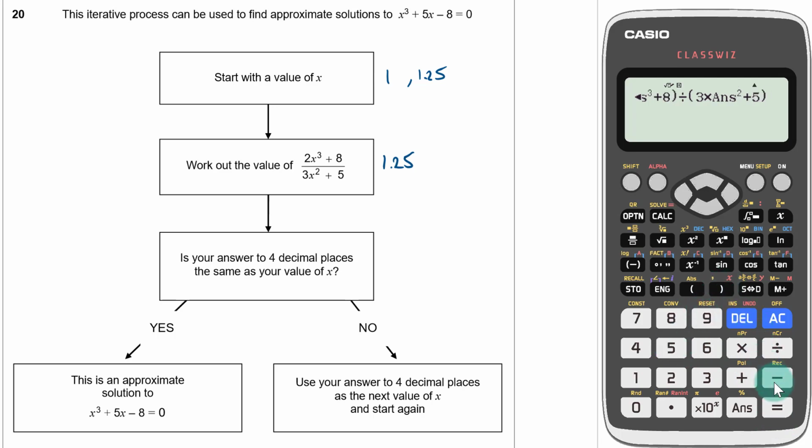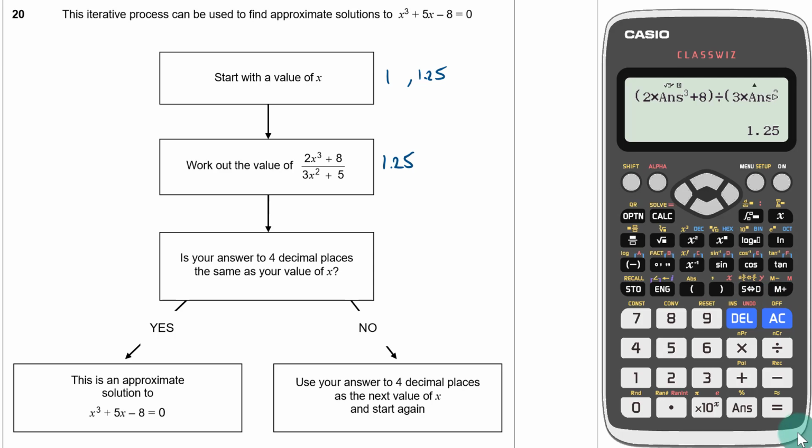Oh no, pressed the wrong key. Close bracket. Now when I press equals, it will feed in the answer 1 because that was my last calculated value, and it should spit out the 1.25 that we just calculated. There it goes, 1.25 or 5 quarters. So that was the result after going around once.